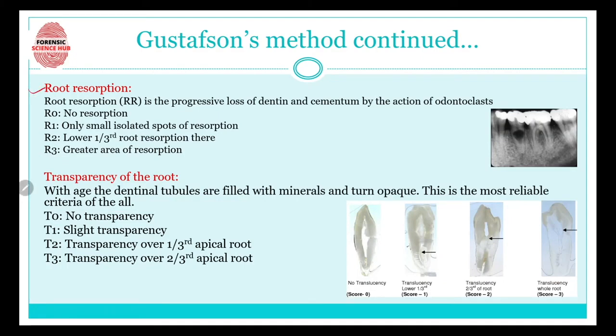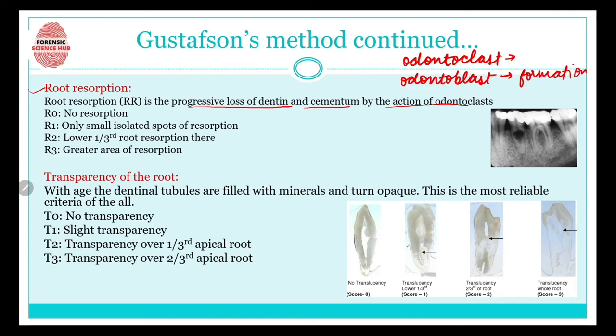Alright, then next criteria, the fifth criteria, is the root resorption. Root resorption is the progressive loss of dentine and cementum by the action of odontoclast cells. So we know that there are two types of cells, that is odontoblast cells and odontoclast cells. Odontoblast cells are responsible for the formation of tooth cells, whereas odontoclast cells lead to degradation of the dental cells.